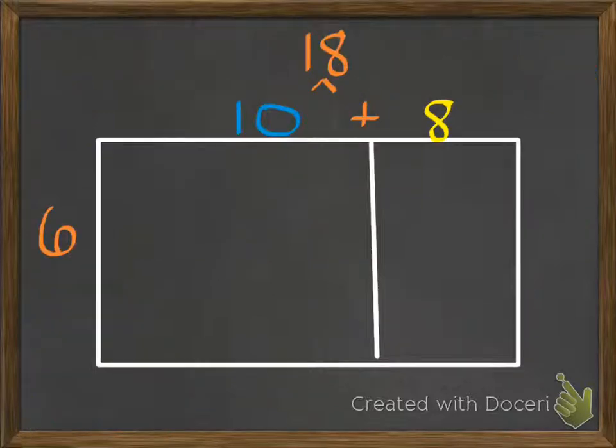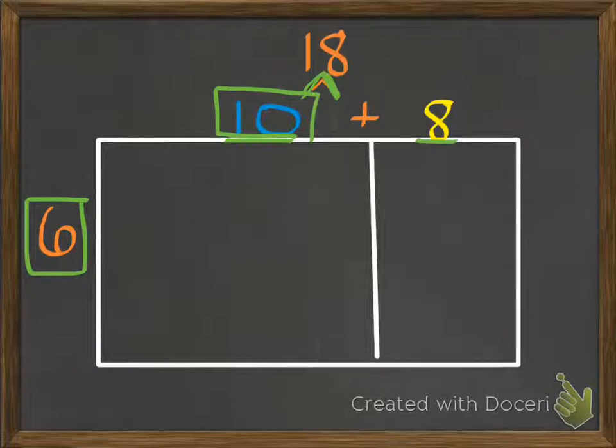It's pretty cool. This is an array to show you exactly what's going on. So what we're doing is breaking that number 18 down into two parts, the number 10 and the number 8. And this is just a picture model to show you what's going on. So first I multiplied 6 times 10. I multiply whatever's on the side with the numbers on the top, and I kind of bring them together here.